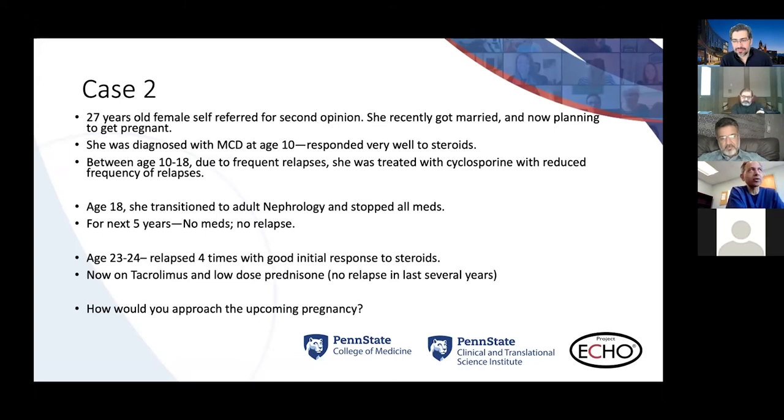So cyclosporin and tacrolimus are not entirely safe, but relatively safe during pregnancy if the patient needs them. In this patient, I think stopping everything is a little bit risky. Maybe she should continue a little bit of steroid at least, and if there is any sign of relapse, tacrolimus is acceptable during pregnancy, or cyclosporin also.